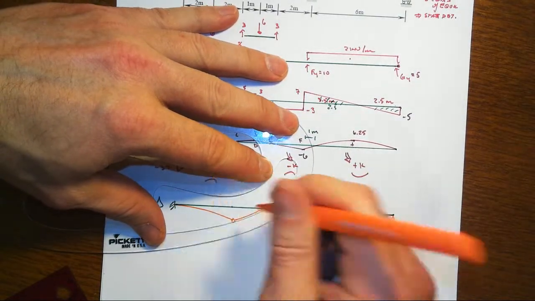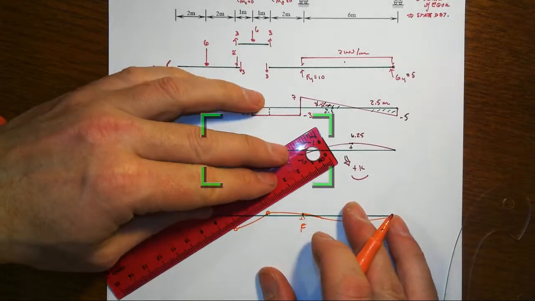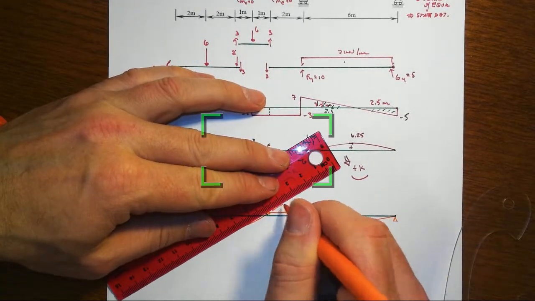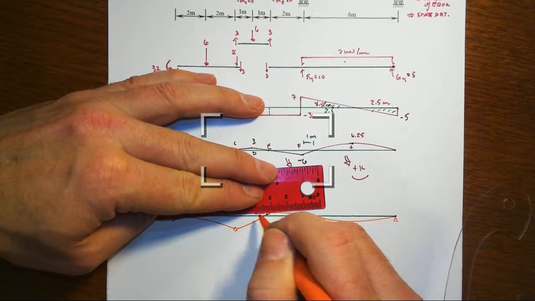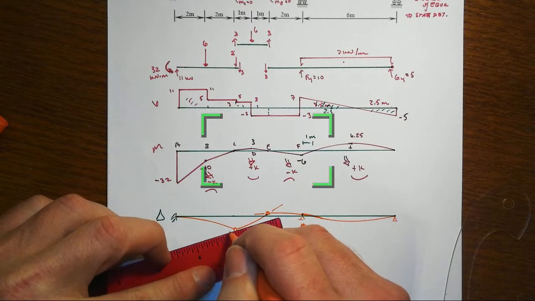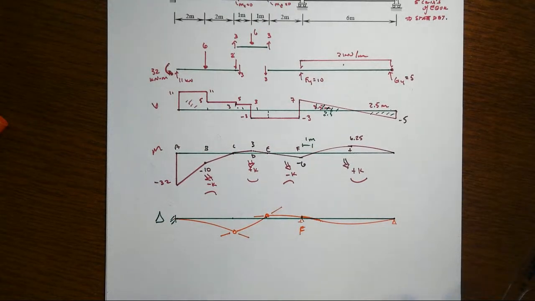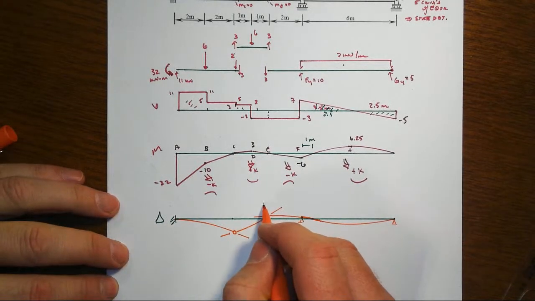This is grossly exaggerated, without any doubt. And we'll show our extended tangents to indicate that we have a break in the slope of the beam. Boom. All right. So that's not terrific, but it's not bad.